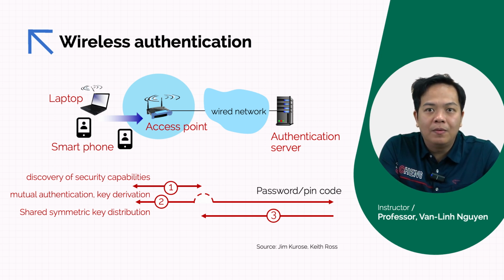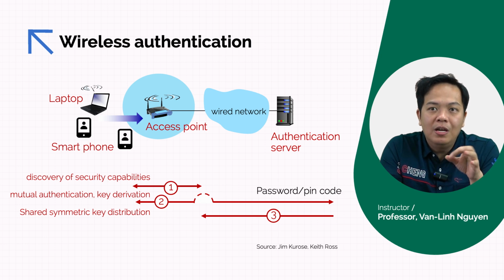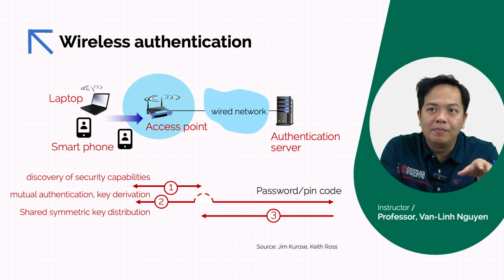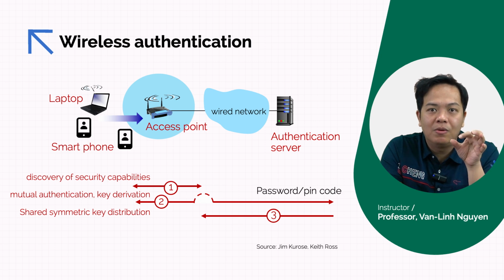First, the laptop or smartphone tries to connect to a nearby access point, right? After that, you are redirected to an authentication form, to an SSO or similar server, which returns a form for you to enter your username and password.